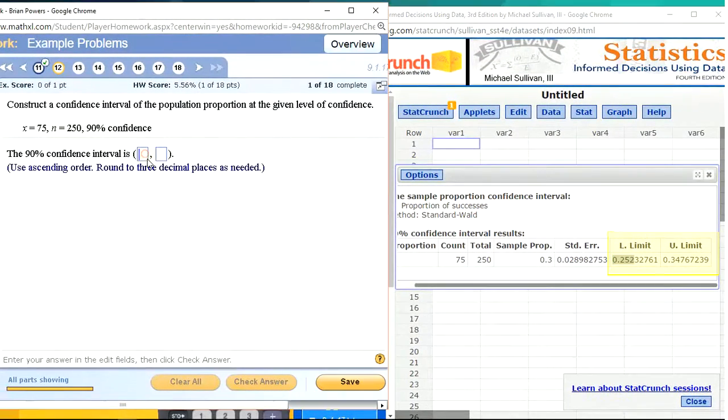So we've got 0.252 and 0.348. What we would say is we're 90% confident that the true population proportion is between 0.252 and 0.348.